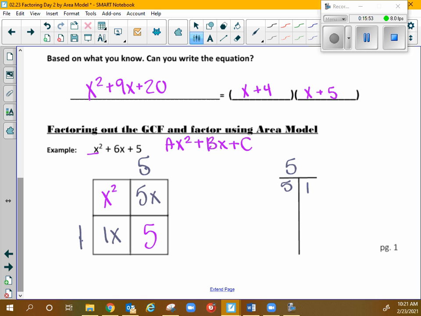What's special about 1x and 5x though? It combines to make 6x. So what you're looking for, you're technically multiplying here, and we'll talk about that in a little bit, is you're looking for factors of a times c, or 5, that have a sum of b.